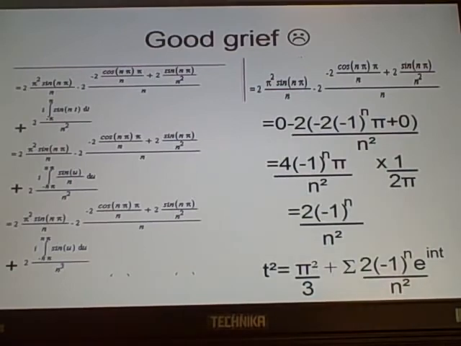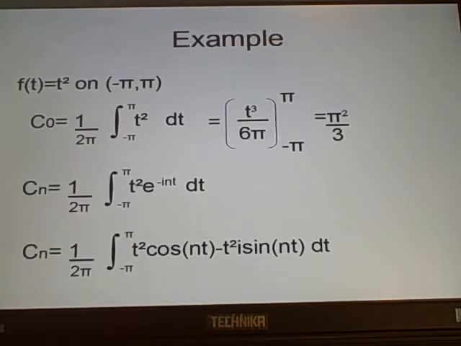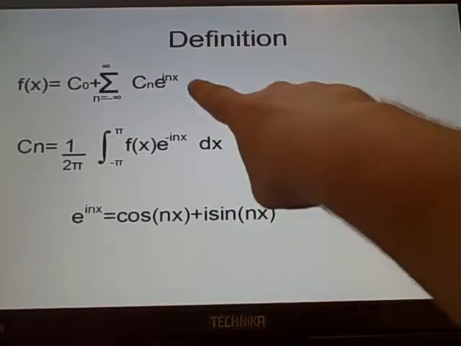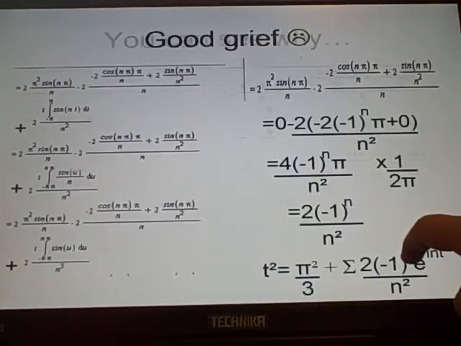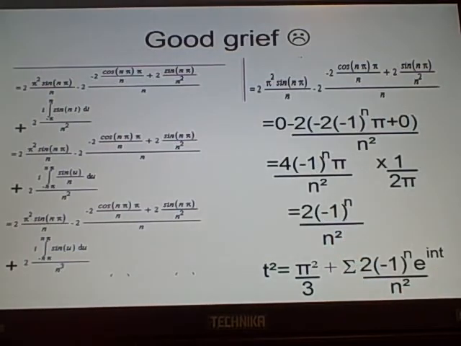Now, as we said back in our beginning, the definition, we have the c naught, which we found there, pi squared over 3. We have our cn, which we've solved here. So we put them in.